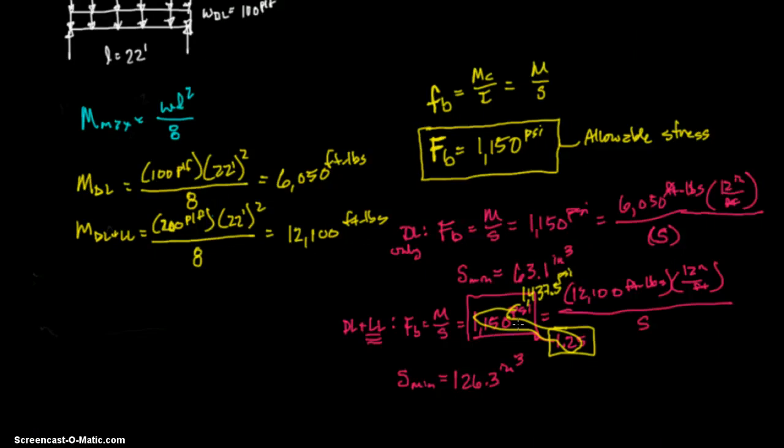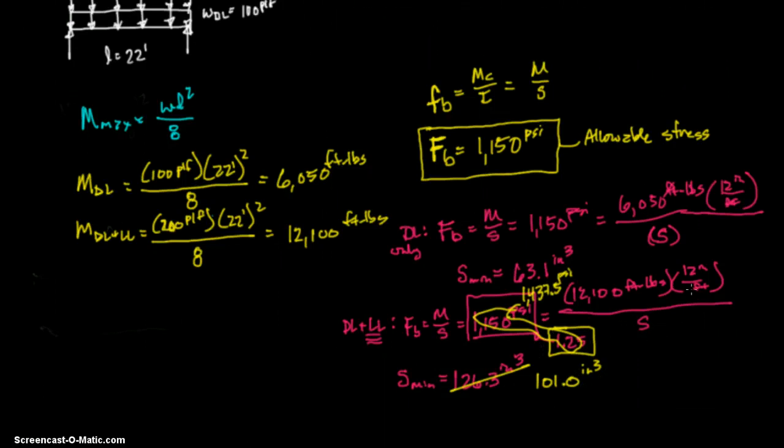So let's go ahead and do that again. 12,100 times 12 divided by 1437.5. And our new answer is 101.0 inches to the third. And really what they did in the example, in the study guide as I'll call it, they did that right away.